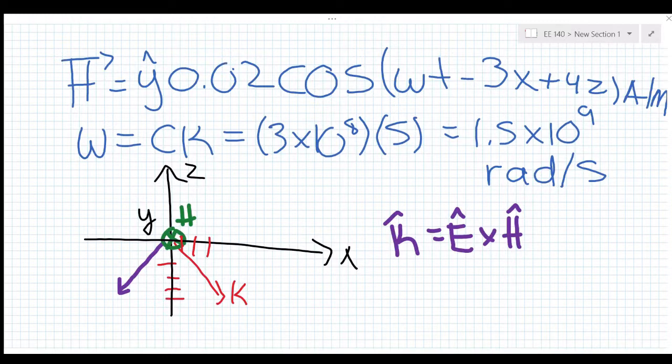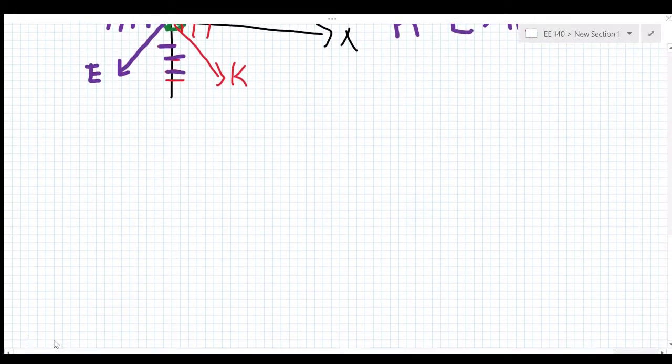So we need to write E as a unit vector. Since k is a 3 to 4 ratio, E will be a 4 to 3 ratio. And when we write the direction for E, we divide by the magnitude, because it's not a unit vector.